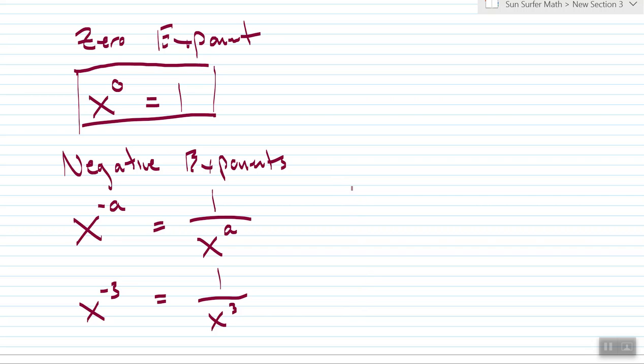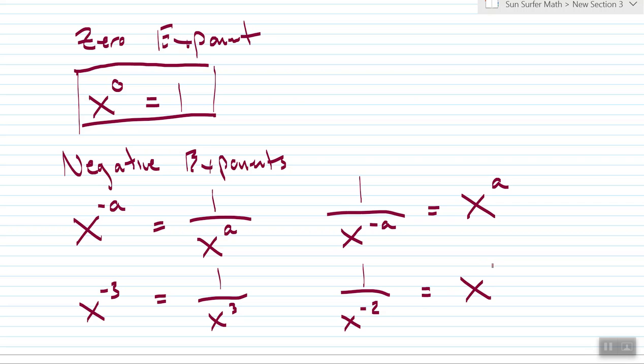Another version of this would be what happens if we have a variable in the denominator and it's negative. Well, that could be rewritten as x to the positive a. As an example, 1 over x to the negative 2 could be rewritten as x to the positive 2.